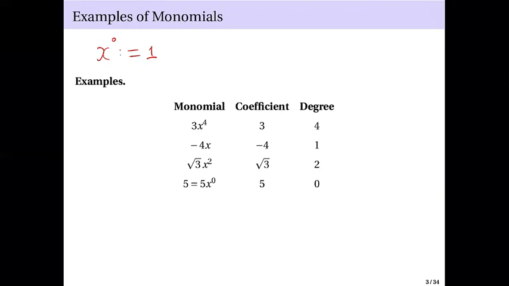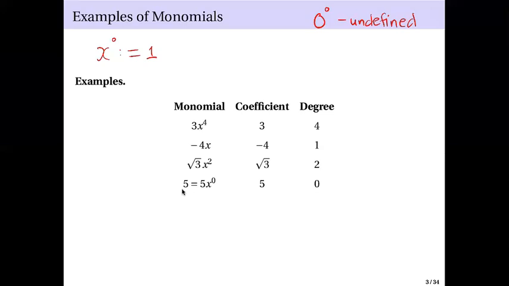Remember, in the last lecture, 0 raised to 0 is undefined. So if you specifically write 0 raised to 0, that will be undefined. On the other hand, if you have a variable raised to 0, it's automatically thought of as the number 1.